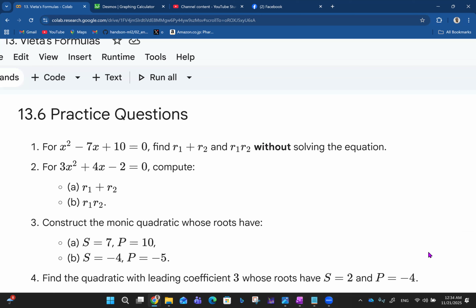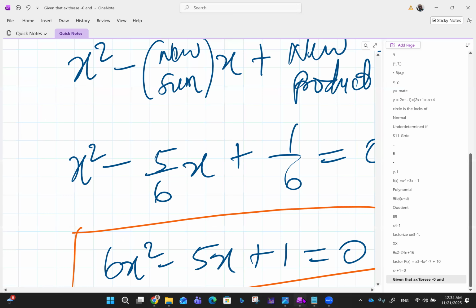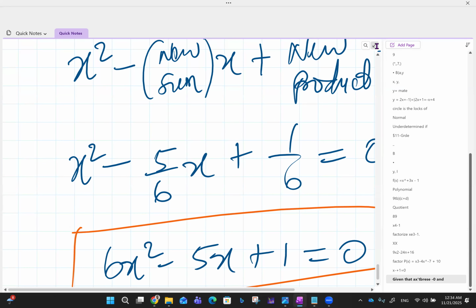So we have some practice questions here. For x squared minus 7x plus 10 equals 0, find R1 plus R2 and R1R2 without solving the equation. Okay, I think I want to do this.